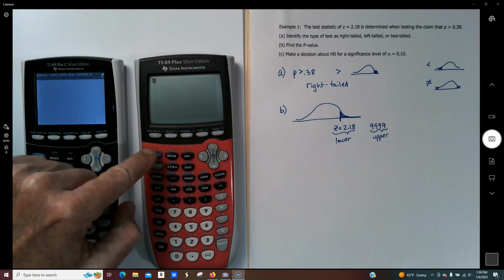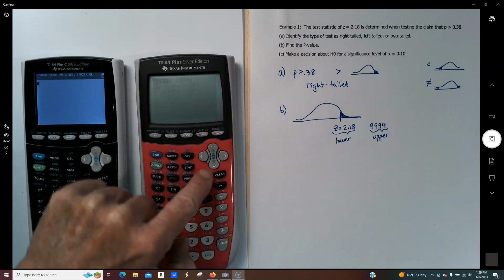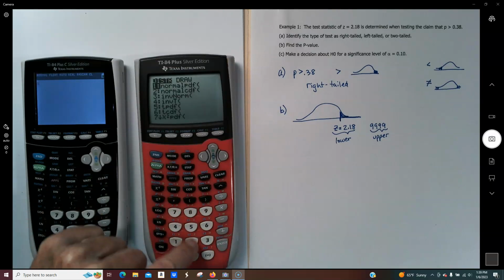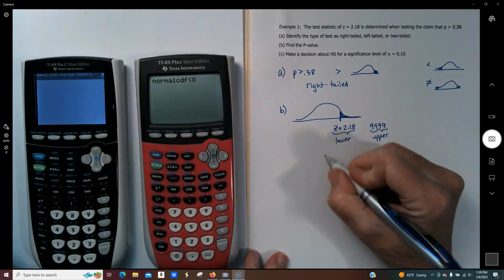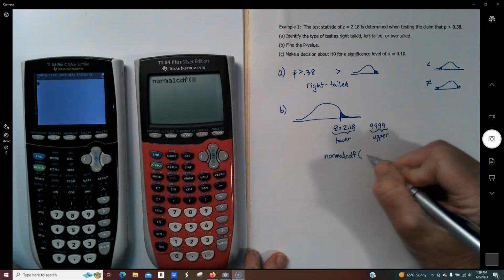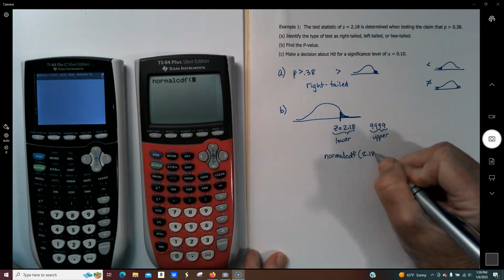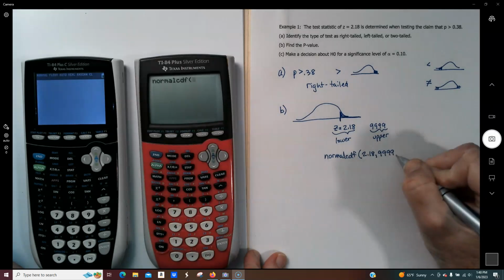This is the older version where you just type it in. So, second variables, press 2 to get normal CDF, and the entry is normal CDF going from the lower of 2.18 to the upper of 99.99.